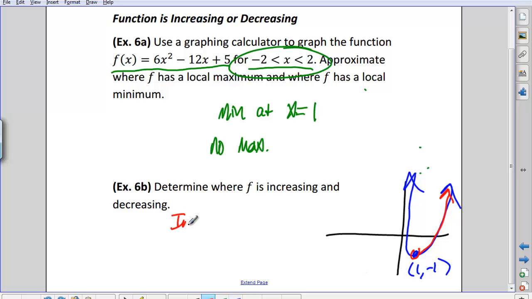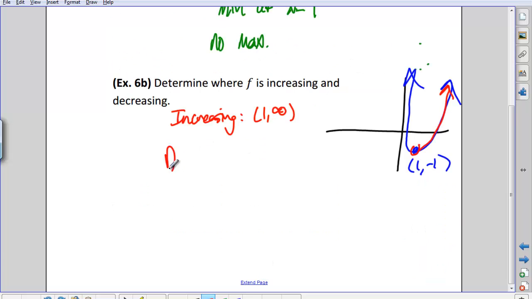So increasing, again, we answer with x values from 1 to infinity. Keeps going, increasing to the right. And then if we want to talk about decreasing, we get a different color here. That would be this piece right here, wouldn't it? So from -infinity to +1 is where it's decreasing.